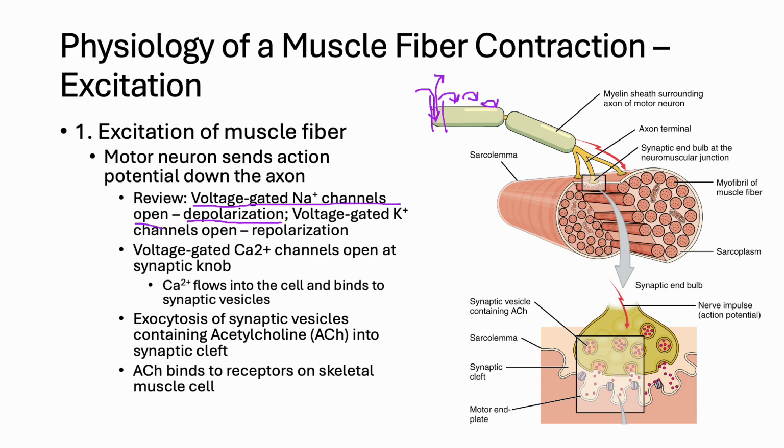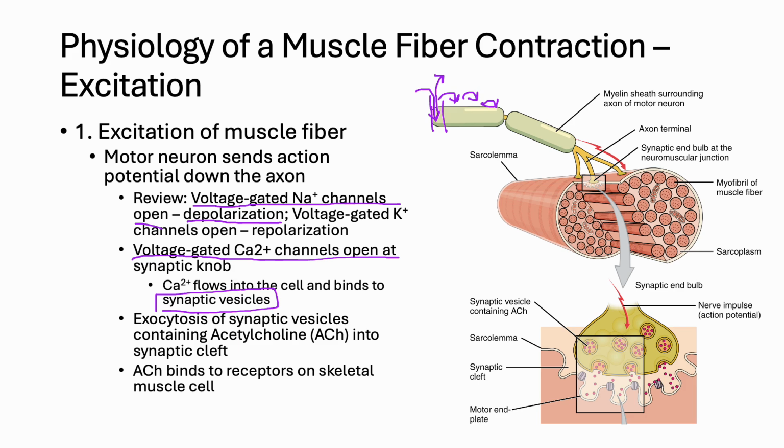At the end, though, when that action potential reaches the synaptic knob, there are voltage-gated calcium channels. When the calcium flows in, down its concentration gradient, that's what causes the synaptic vesicles to fuse with the plasma membrane. When they do, exocytosis happens, releasing the acetylcholine that was inside those vesicles into the synaptic cleft.